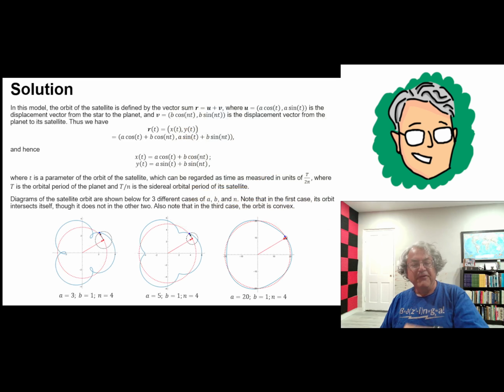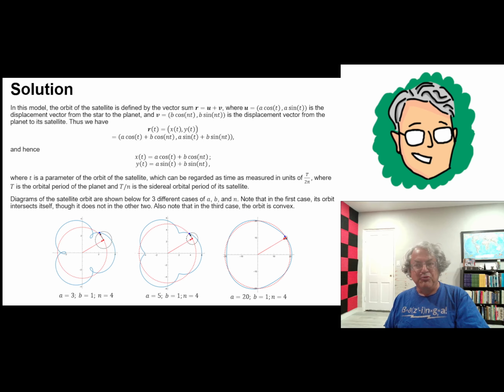So now we want to solve it, and first we have to set everything up. So I'm defining this vector r, which is the displacement of the satellite from its star, and we can write that as a sum of u plus v, where u is the displacement of the planet from the star, assuming it's a circular orbit, so it undergoes uniform circular motion.